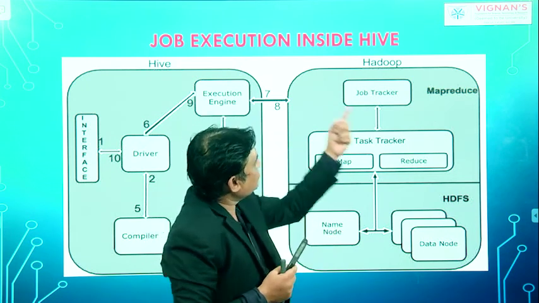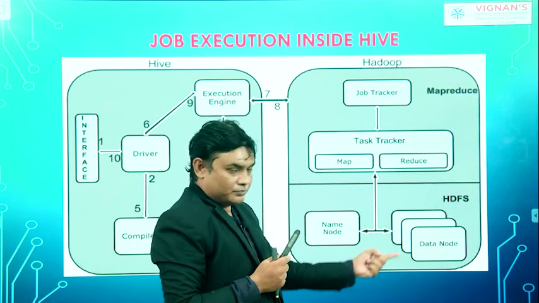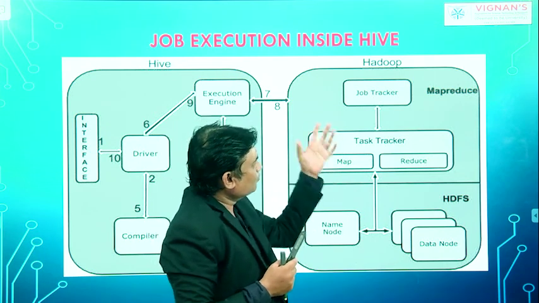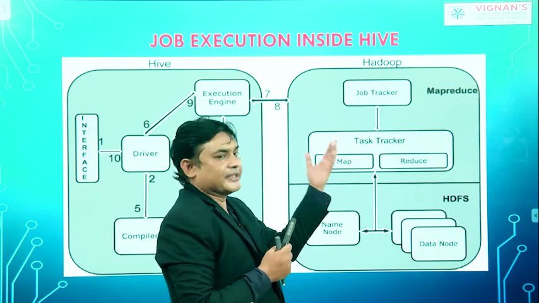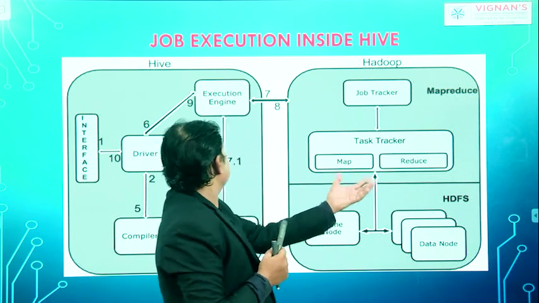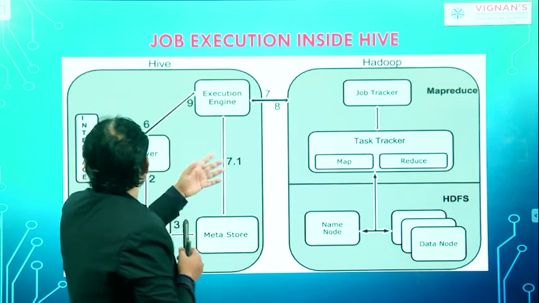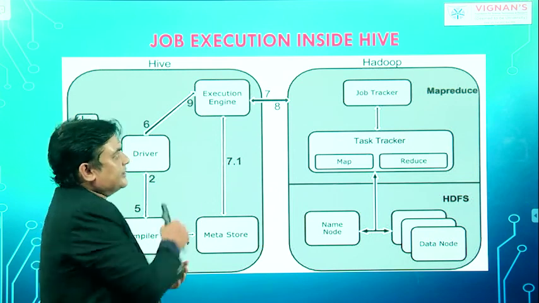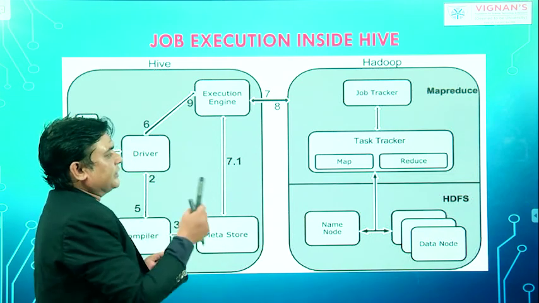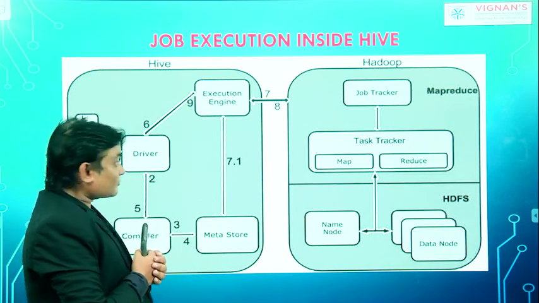So here in this Hadoop cluster, we are going to fire the MapReduce programs to get the results, and this result is again sent back to the users, and users will get the results. Okay, in this way the job execution will happen inside Hive.